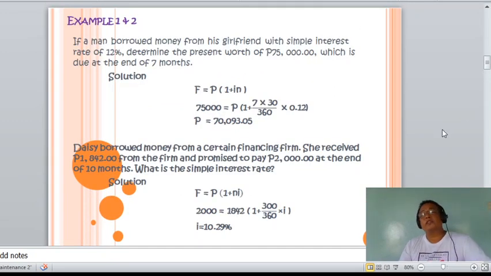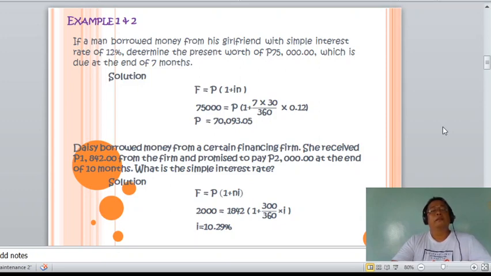So let us consider an example in order for us to apply the basic formula or the basic principle in simple interest. If a man borrowed money from his girlfriend with a simple interest rate of 12%, determine the present worth of 75,000, which is due at the end of 7 months.